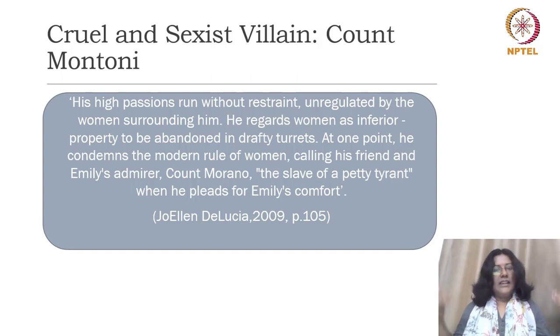But the readers do understand that it's not Emily who is this petty tyrant, but it is Count Montoni. So women do not deserve any kind of comfort in the perspective of Count Montoni. So they are seen as objects.